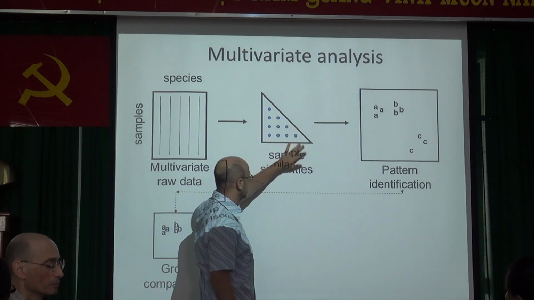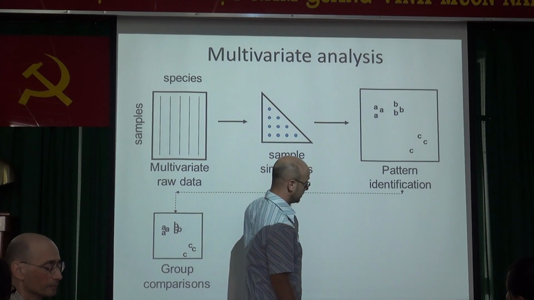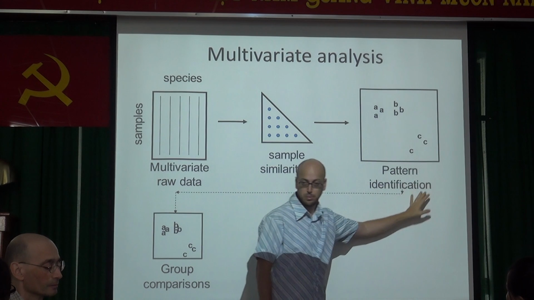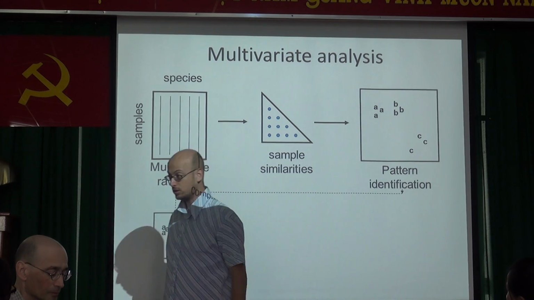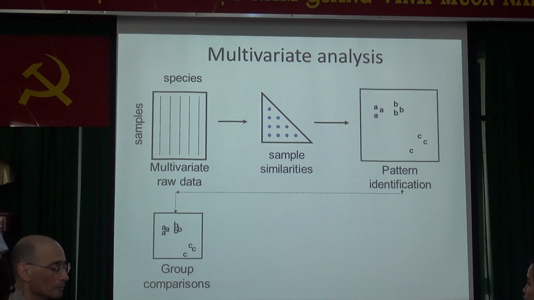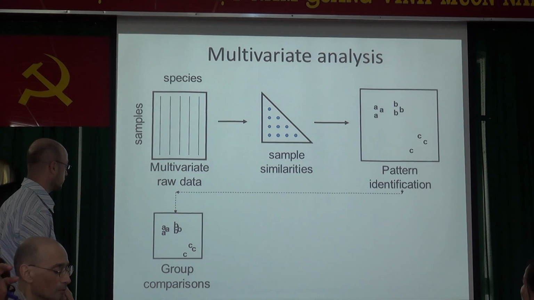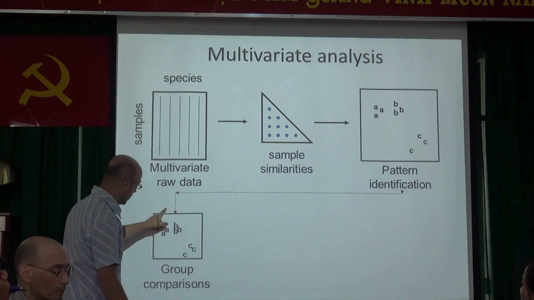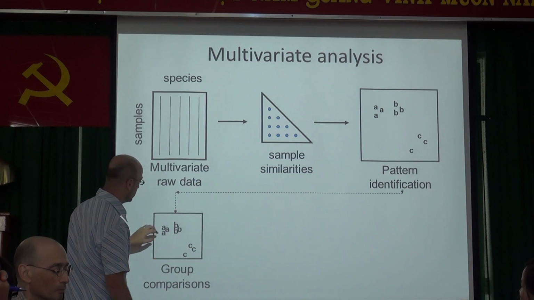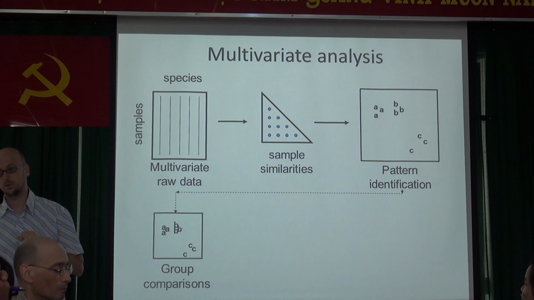Then we turned this similarity matrix into a map. We call this an ordination. And the map allowed us to see more clearly the relationships between the plots and between the groups. And then we calculated differences between groups.